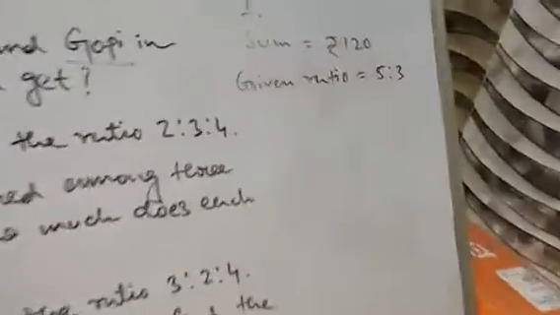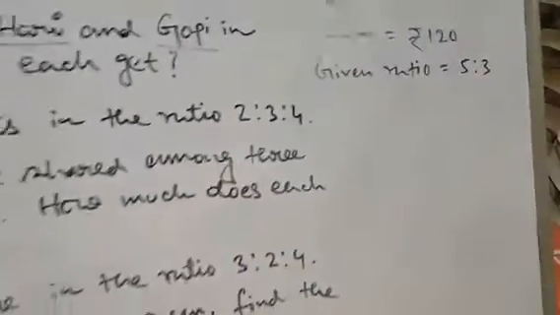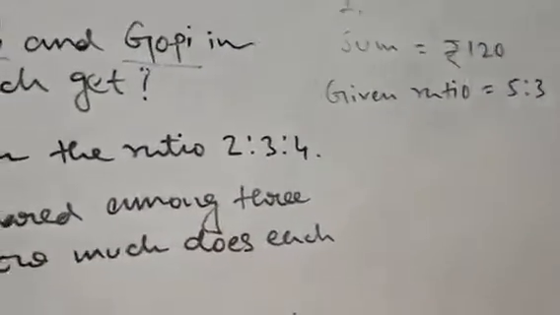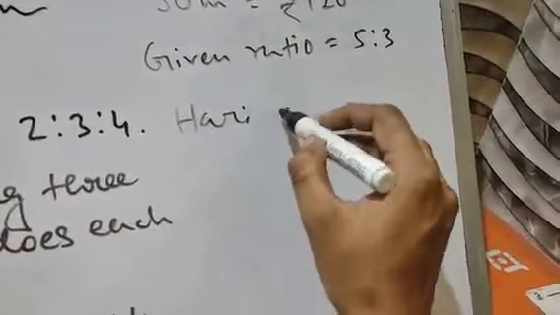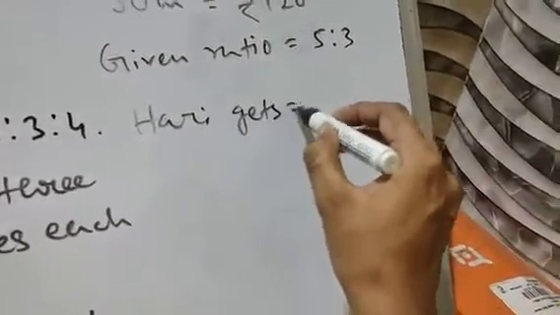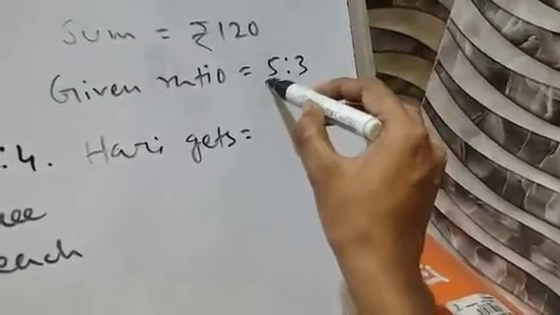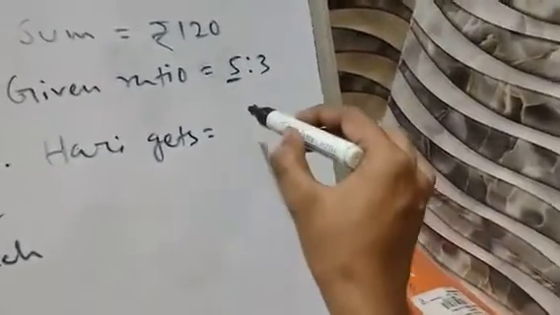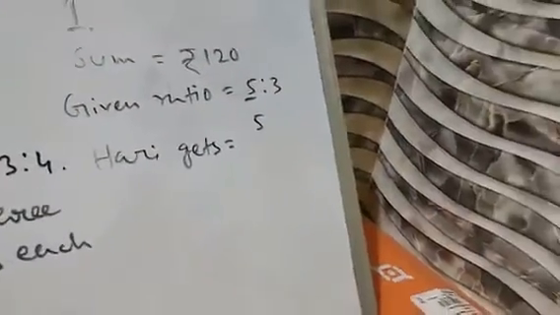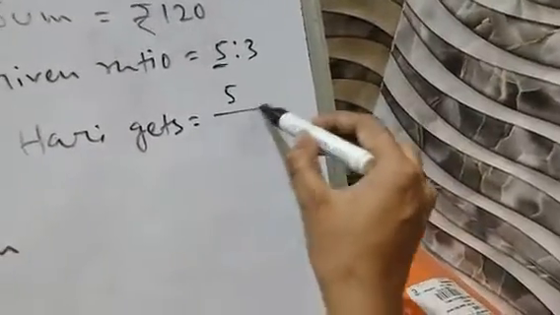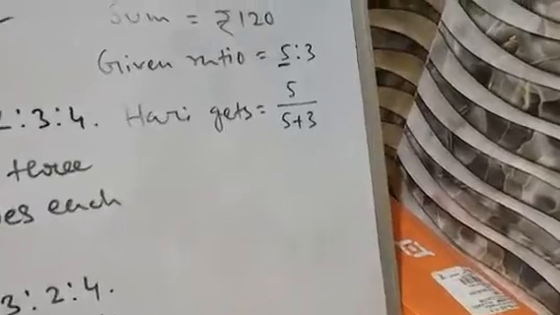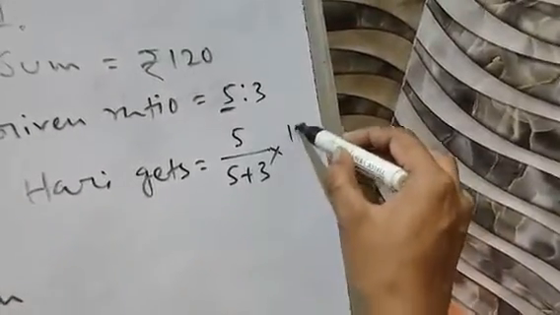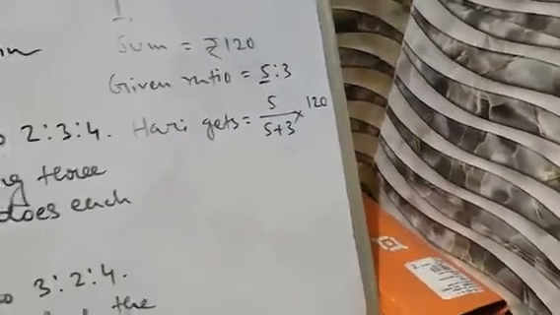So the rule is that if you want to find the amount of money each of them will receive, at first Hari gets how much money? See, Hari receives 5 rupees, so 5 will be your numerator, then just add the 2, that is 5 plus 3, Hari plus Gopi, into rupees 120, because 120 is the sum of the money.